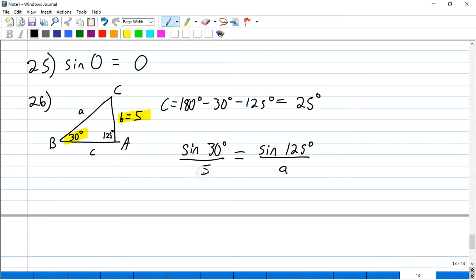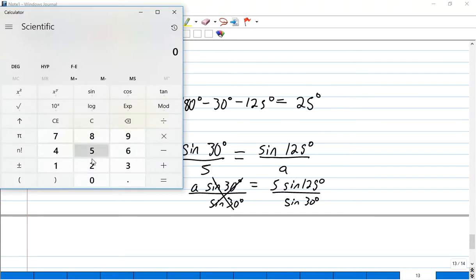You got to set up the proportion. This is law of sines. So cross multiply and divide. You have A times the sine of 30 degrees equals 5 times the sine of 125 degrees. Divide both sides by the sine of 30 degrees. And you plug that in the calculator.